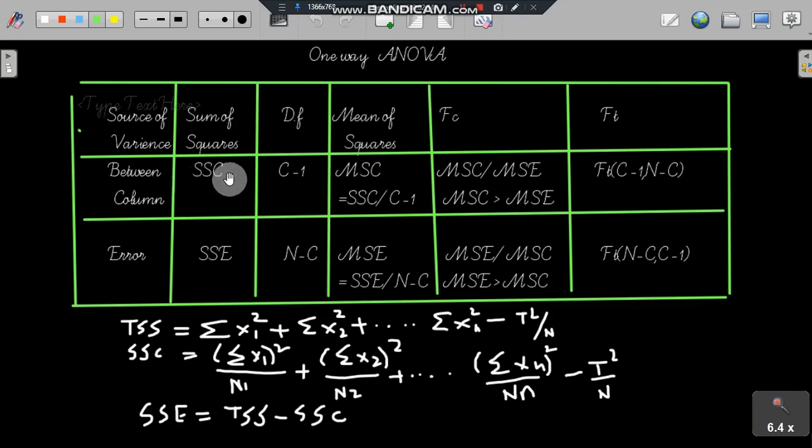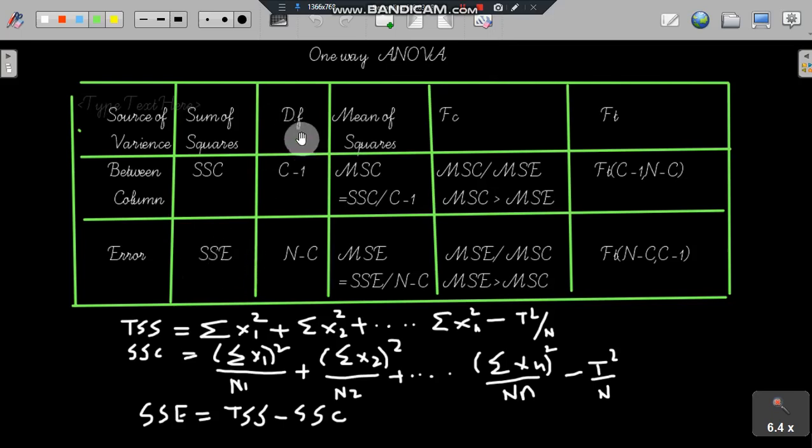Sum of squares column wise, SSC. The formula is available here, and we will discuss that later. And then here, sum of squares error, SSE. That's what we need to understand.